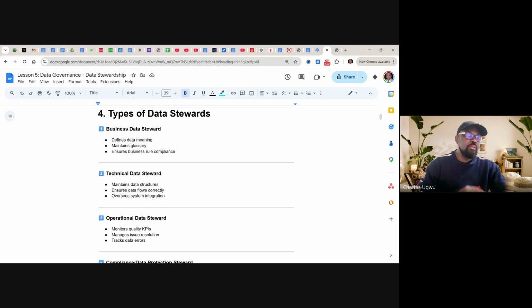So it's within the business aspect, maintaining data usage and data compliance within the business environment, making sure that day-to-day activities in the business environment are handled. That is where the business data steward comes in.